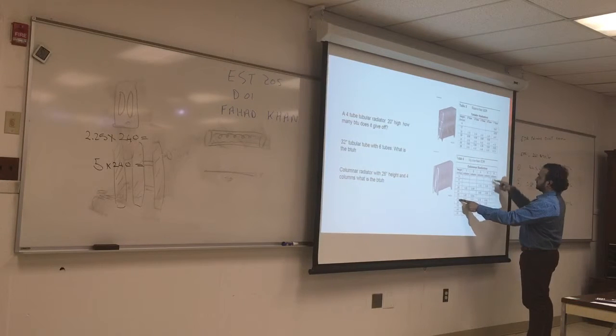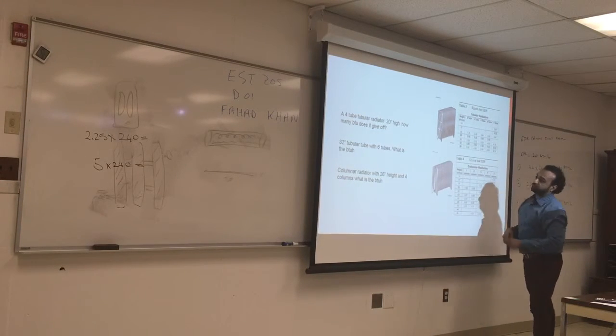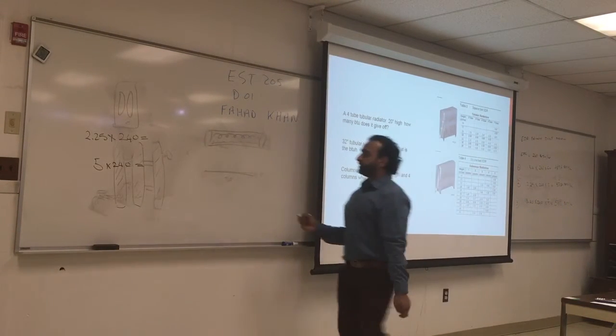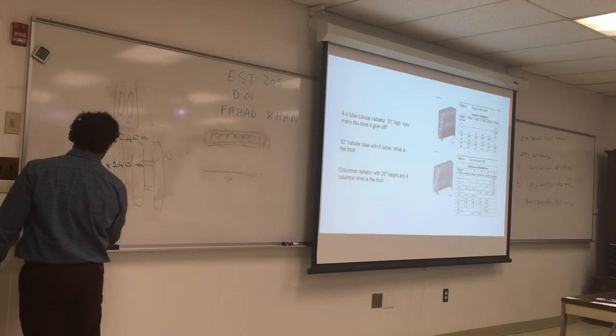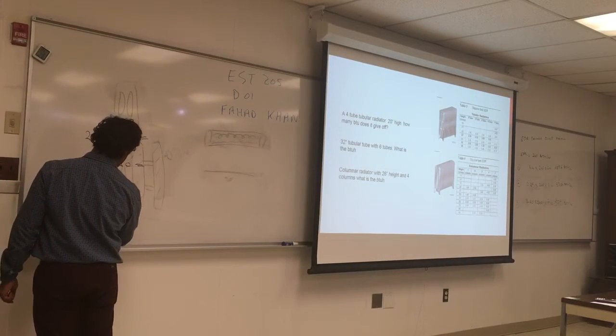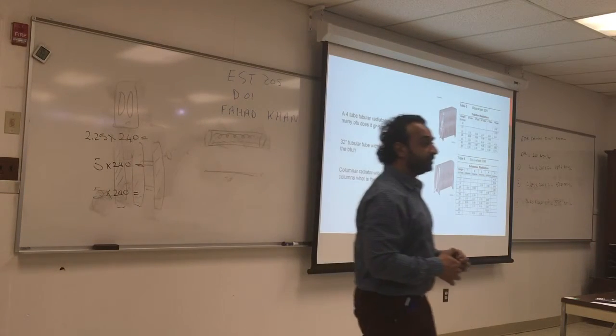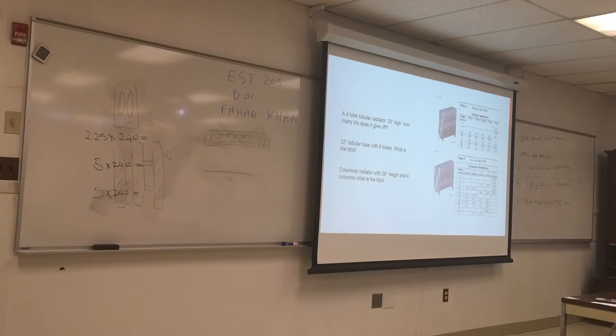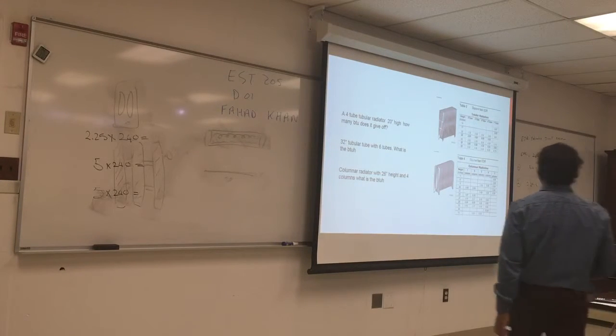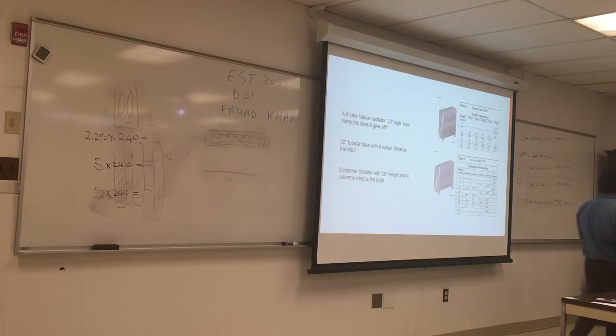So 26, I have 5. So 5 again times 240. And if you price these radiators, they're very expensive. So probably you will try to find something that's very economical and fits your need. And also the size is a big issue. How big is it going to be? Is it going to crowd my room or not?